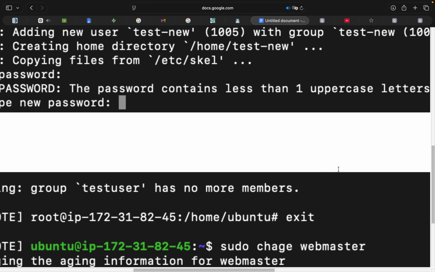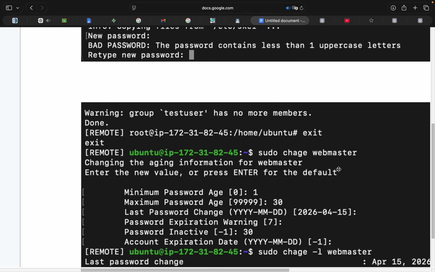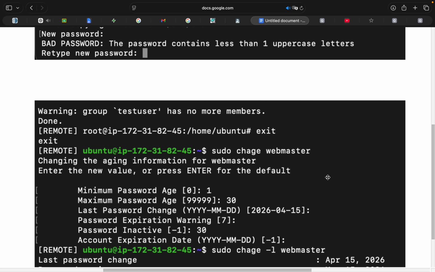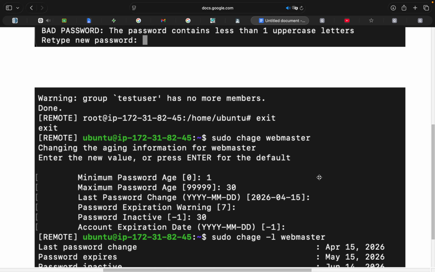And now this is screenshot 6 finally. It required me to set up the aging for the account. So I used chage, so that's there. sudo chage webmaster commands a 30-day rotation, and then I added sudo chage -l webmaster to audit the account. I did this because a strong password is only good for so long.